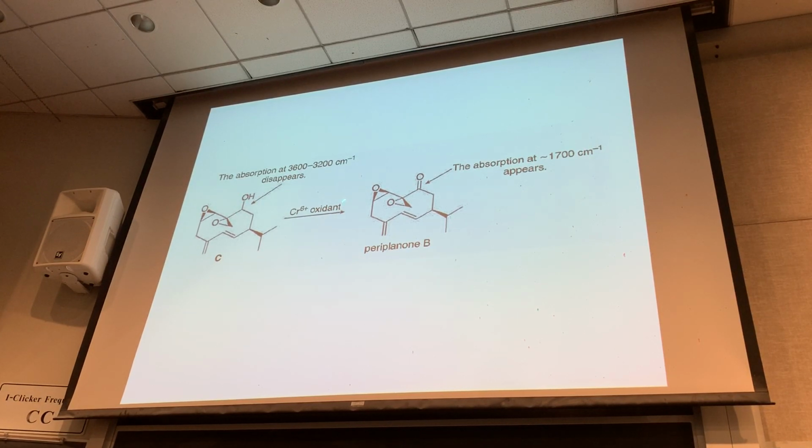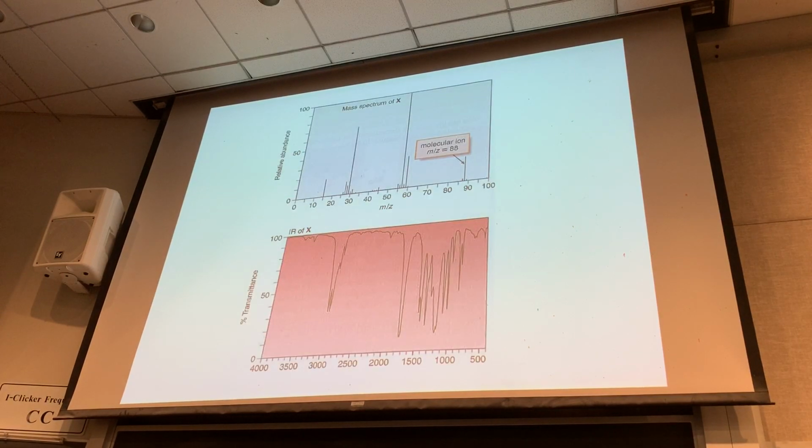And if we oxidize it with the chromium-6, chromium oxide or chromic acid like we talked about last time, that'll become oxidized to the ketone, and that will disappear. And what will appear in the IR will be a 1700 peak for the carbonyl. So those two very diagnostic peaks can be used to determine the reactivity of a molecule shown there.